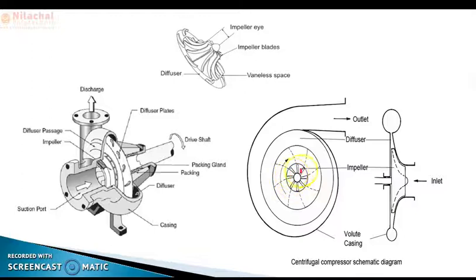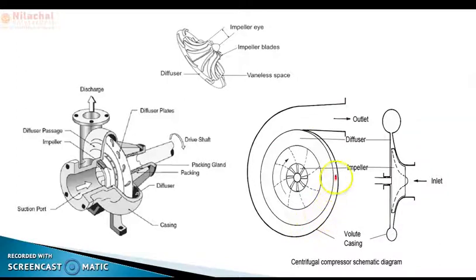As the motor rotates, the impeller will rotate. Then the stationary vane, that is the casing, is known as the diffuser. The diffuser is stationary and the impeller is the moving part. Then this is your outlet, and this is the volute casing.